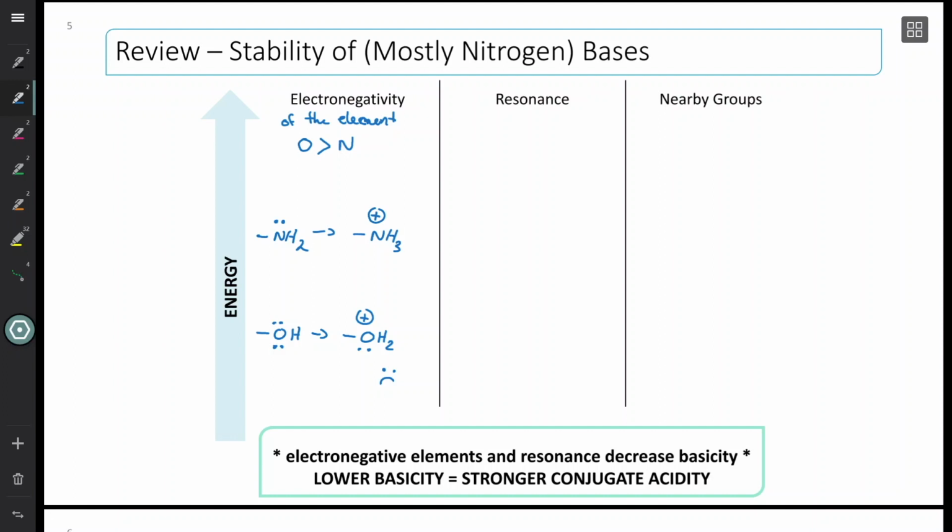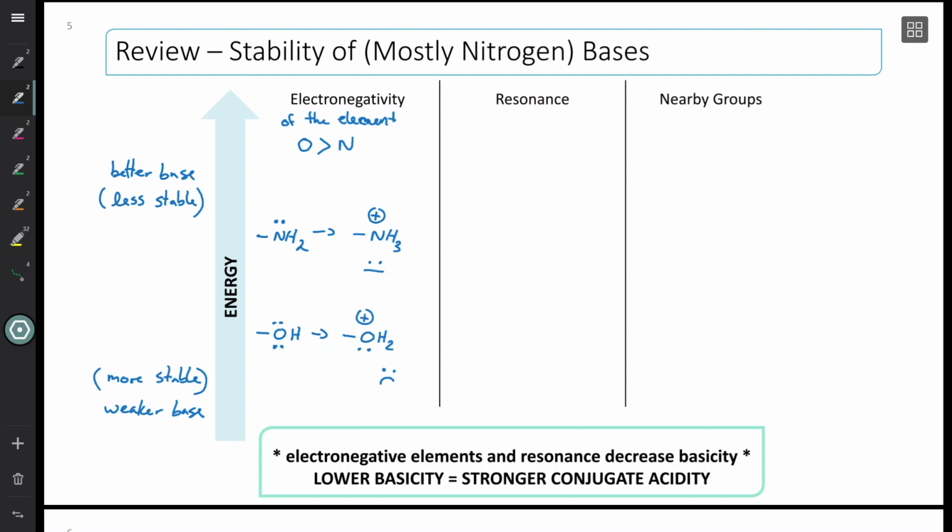And you know, it's still not super thrilled about this, but it's less electronegative, so we can call that a meh, right? So this would make it a better base, because basically the NH2 is less stable, whereas the OH is more stable. It wants to hold on to those lone pairs, and so that makes it a weaker base.